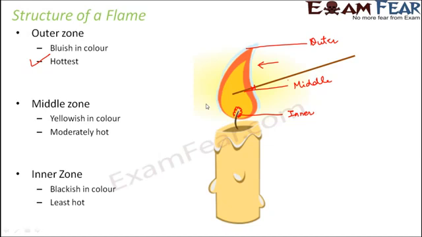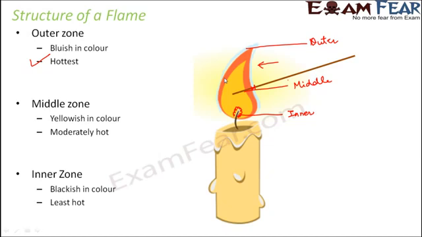They feel that the person is really gifted that he is able to do that. But actually that is just because the inner zone is not that hot. Therefore, the finger doesn't get burned. But if you try to expose your finger to the outer zone, then it will get burnt. So the outermost zone is very hot.